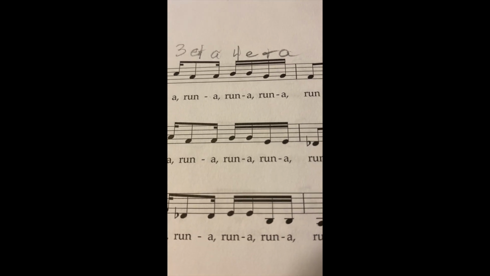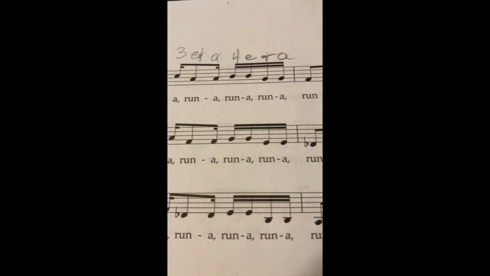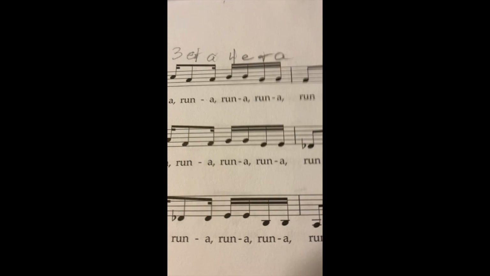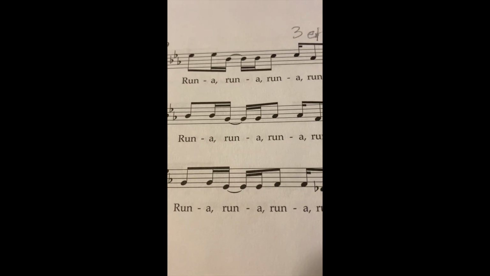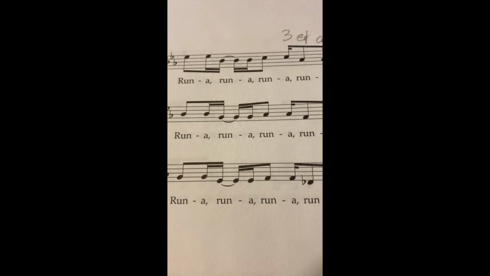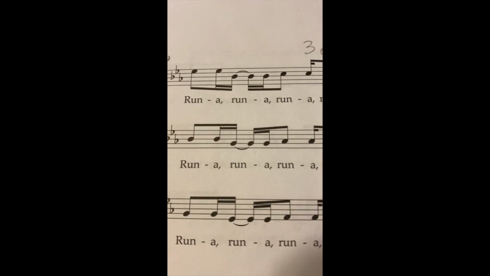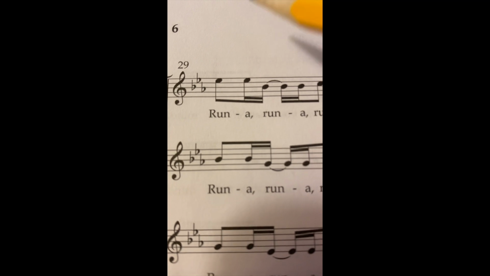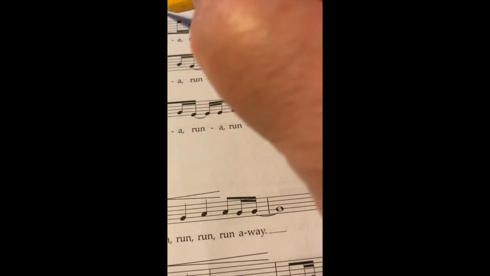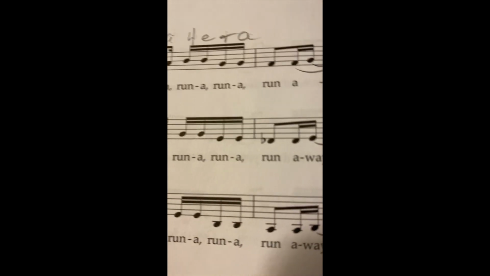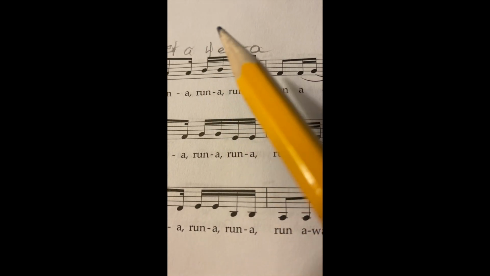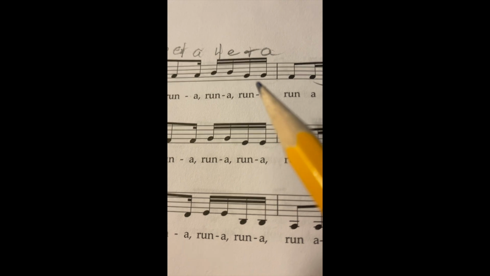So far we have 3 E and, 4 E and. Now beats 1 and 2, okay? I'm going to ignore the tie for the moment. We'll add the tie next. So let's do count 1. The thing starts with a 1. Everything always starts with 1. And we know that in order for each note to have its own separate word, it needs to look like this.